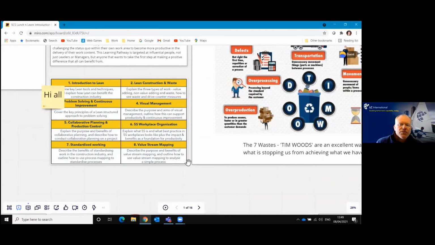And information around the other learning pathways that we'll be delivering throughout the course of the year can be found on the Supply Chain Sustainability School portal. And you have an option to start the journey through the Lunch and Learn, and then enter into those closed workshops that you can be part of to really start to challenge the thinking about lean and how you can drive that difference and make that difference within your own sites.